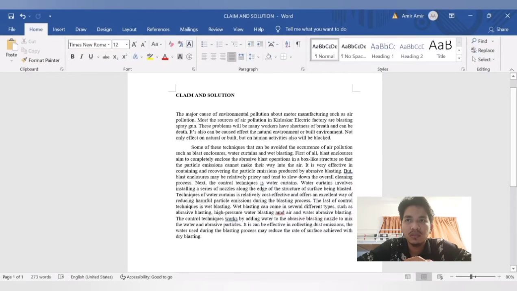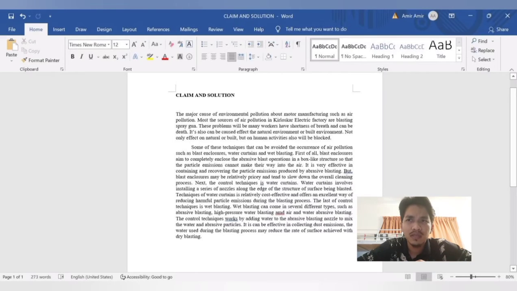The major cause of environmental pollution in motor manufacturing is air pollution. Most of the source of air pollution in Kirloskar Electric Factory is the blasting spray gun.